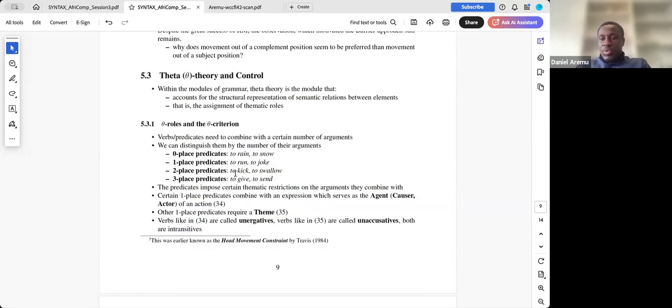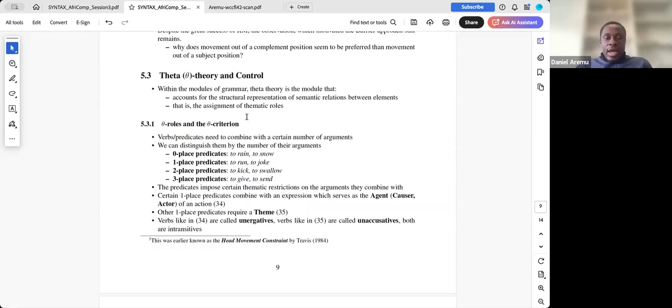Theta role, experiencer, recipient, and the likes. These are different theta roles, right? That's arguments. When I say arguments, primarily I'm talking about noun phrases. These are different theta roles that arguments take.